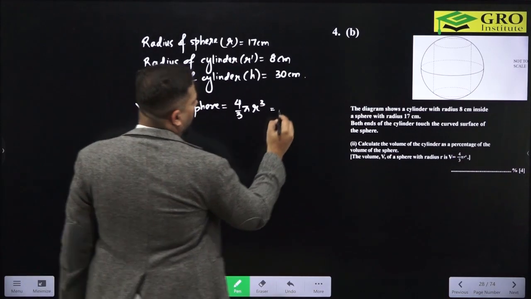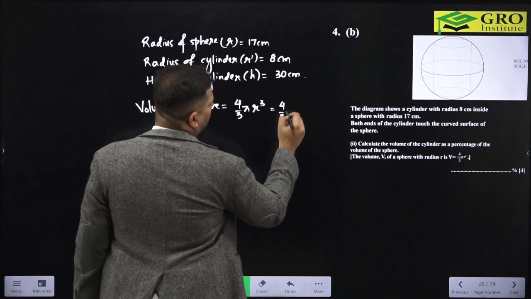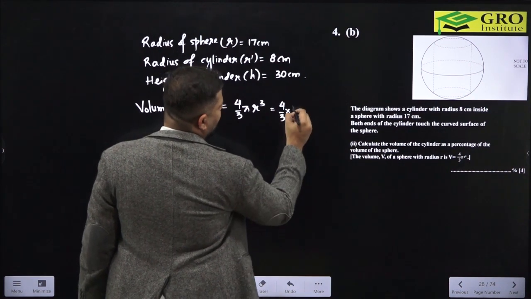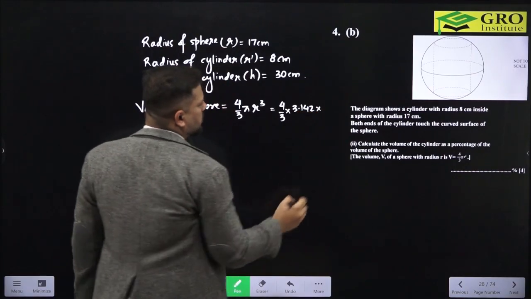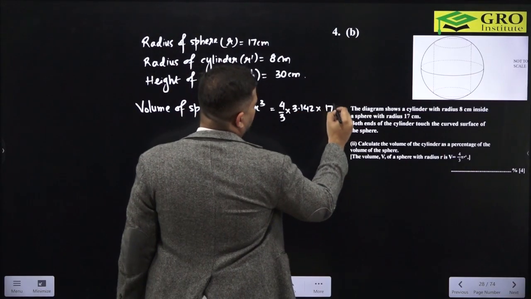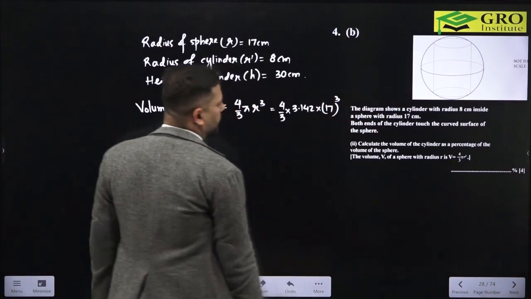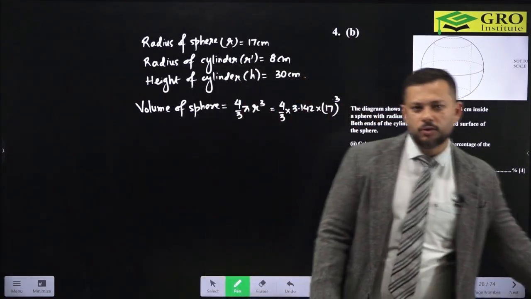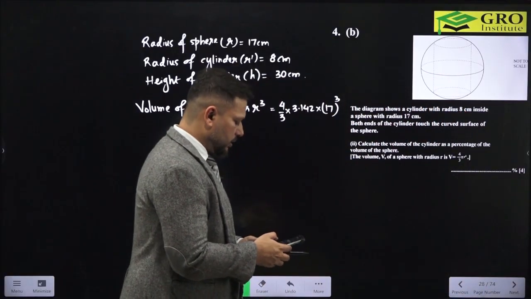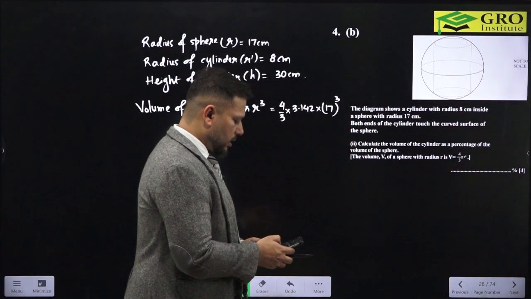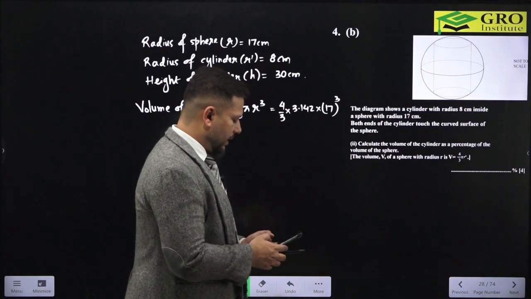If we substitute the values, 4 upon 3 times pi, we will take it as 3.142, and radius of the sphere is 17, so it will be 17 cube, right? Let us quickly use our calculator to find the values. So the calculator is definitely needed here, and let us quickly use it to find the answer.